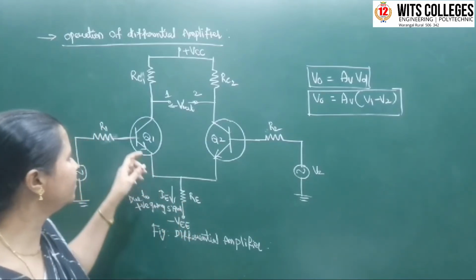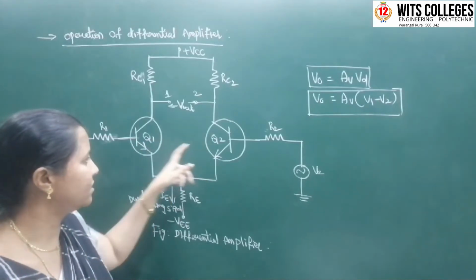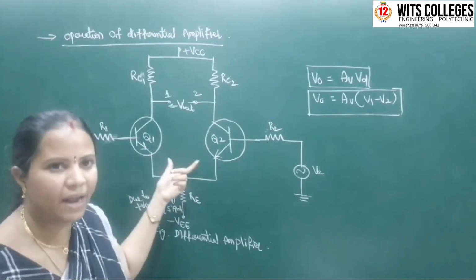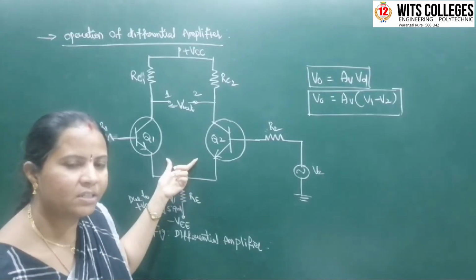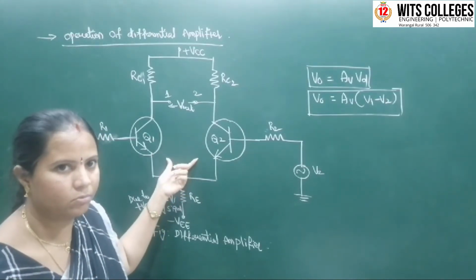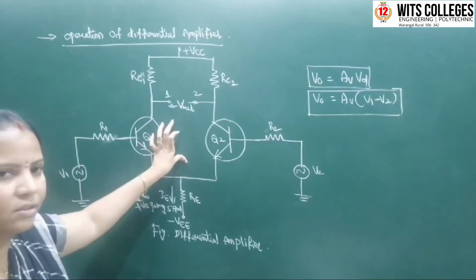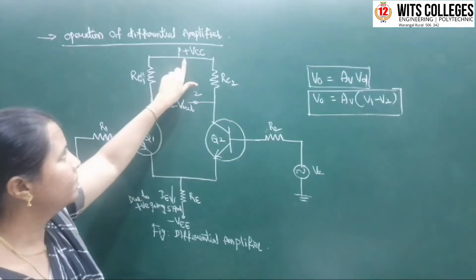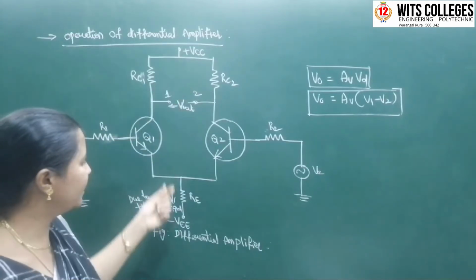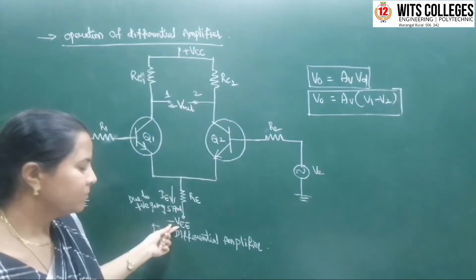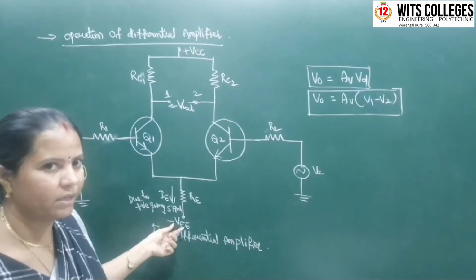Here we are using two identical NPN transistors with common characteristics, and these two transistors share the common positive power supply VCC and the negative going supply minus VE.